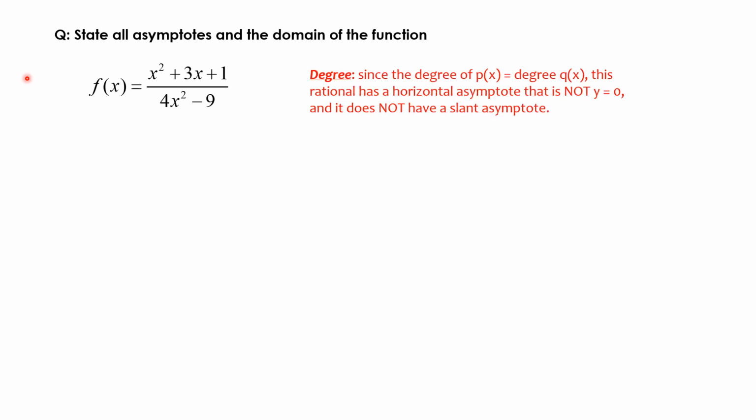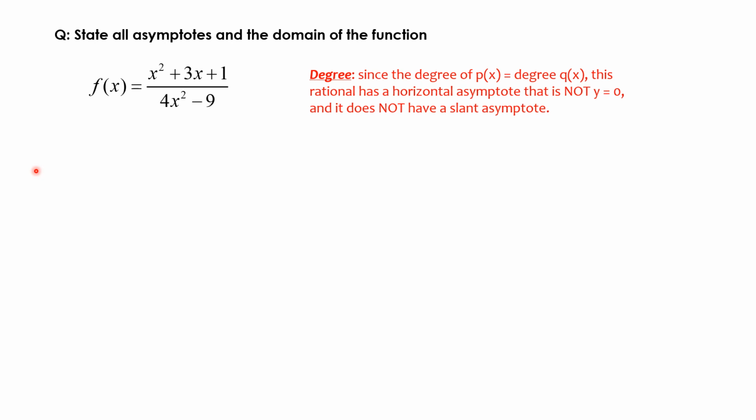First of all, let's look at the degree. The degree of p of x, the numerator, equals the degree of the denominator, right? We have power of 2, power of 2. This is going to have a horizontal asymptote, and it's not going to be y equals 0. And it's not a slant asymptote. So this degree is equal to this degree. What do you do when the degrees are equal to each other?